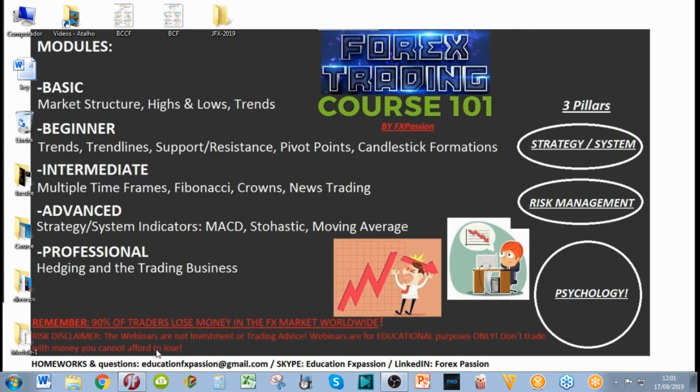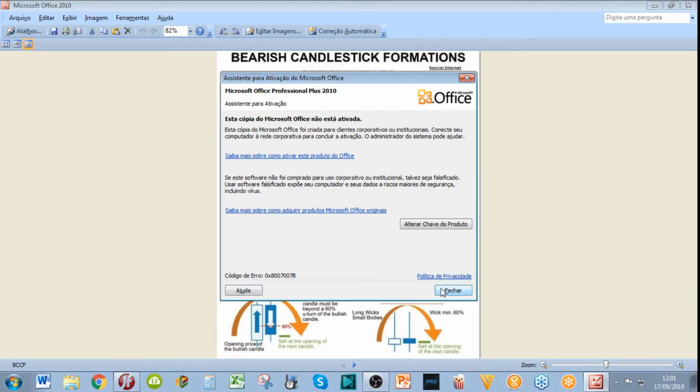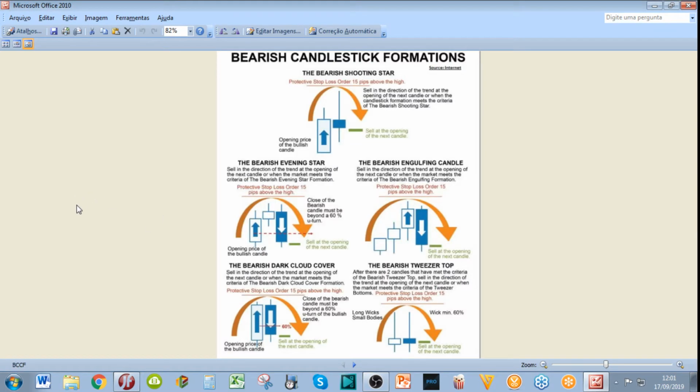So that being said, let's dive into the live markets and take a screenshot, everyone, of this. We're going to talk about bullish and bearish candlestick formations. This is an old picture from the internet, from 2013-14, but just type in Google bearish candlestick formation and one of these pictures is going to appear.